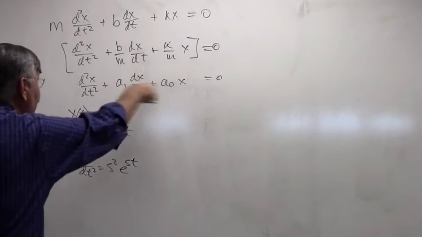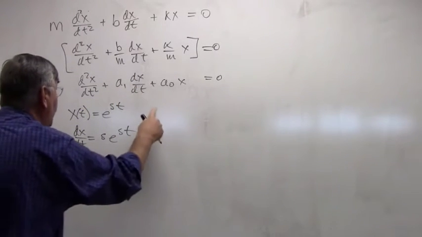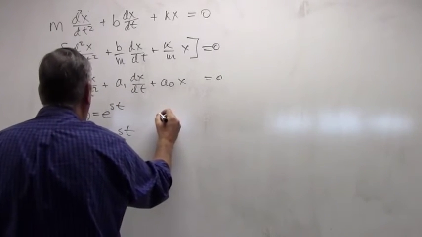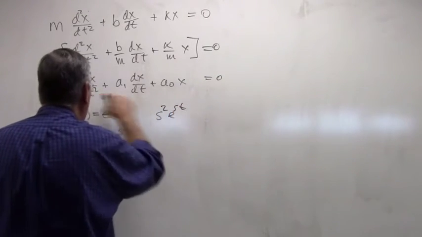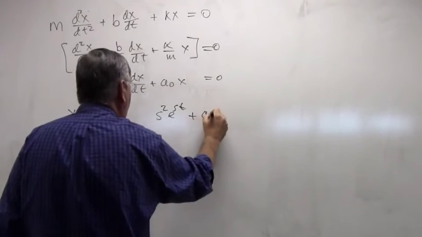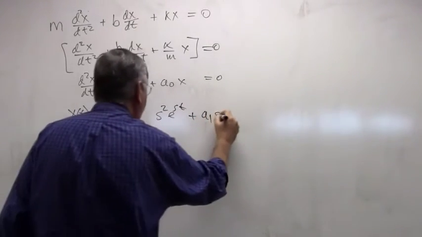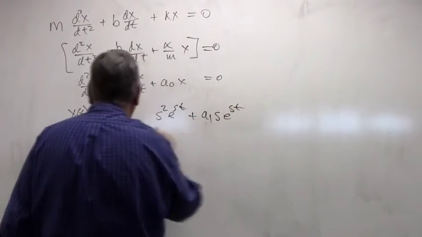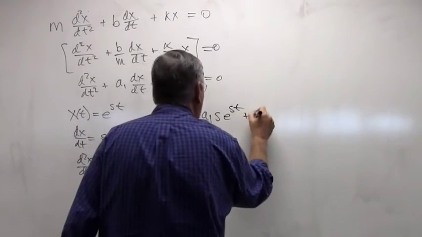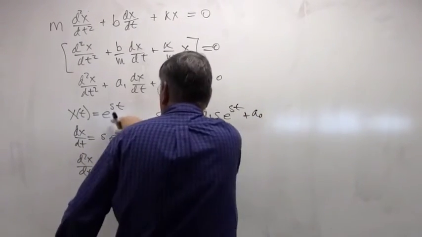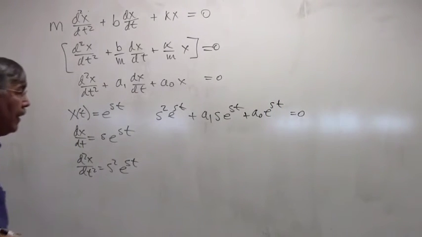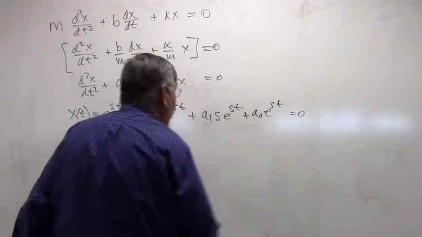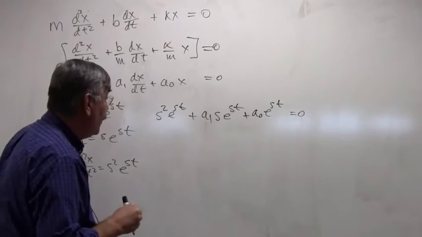If we plug each of these into this form, we get s squared e to the st, plus a1 times s to the first power times e to the st, plus a0 times e to the st, and that's equal to 0. We notice we've got e to the st in all three terms.